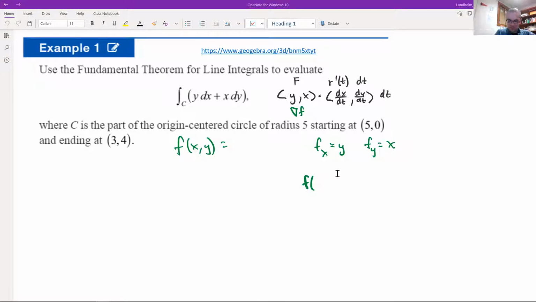Antiderivative. We're used to seeing this. Yeah, y is just a constant with respect to x. So the antiderivative would be xy plus possibly some function completely in terms of y.